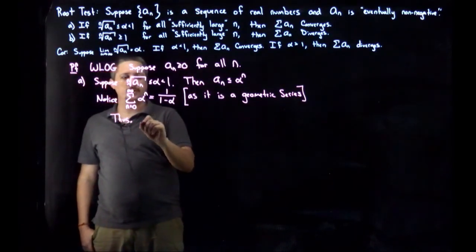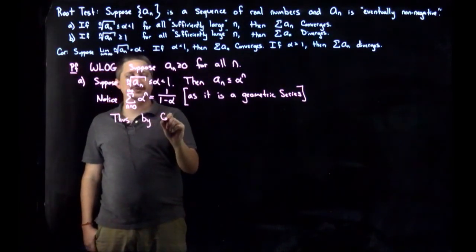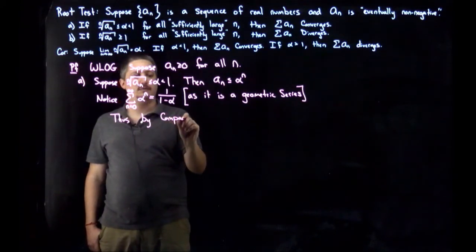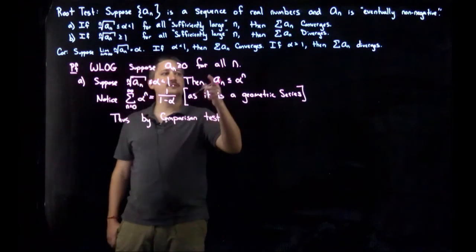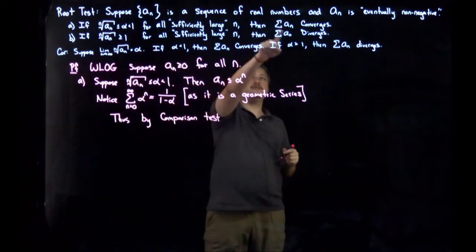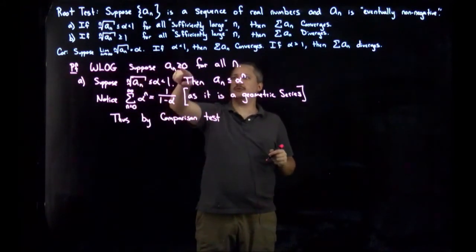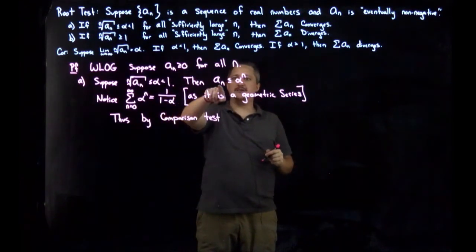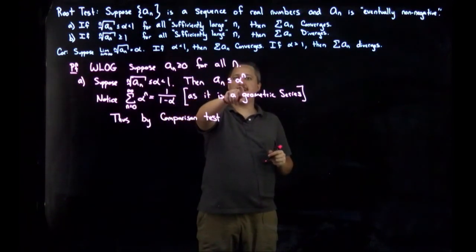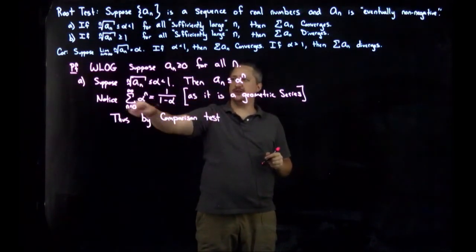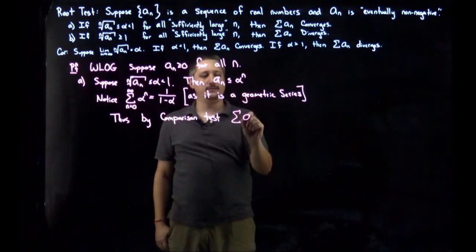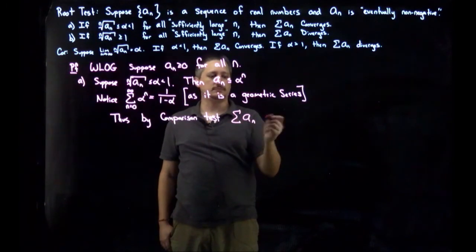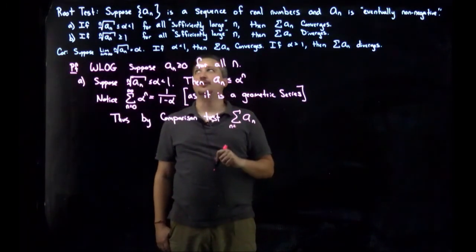Thus, by the comparison test, I have a non-negative sequence bounded by another sequence which I know converges as a series, so that tells me that the series of a_n, wherever it starts, converges.